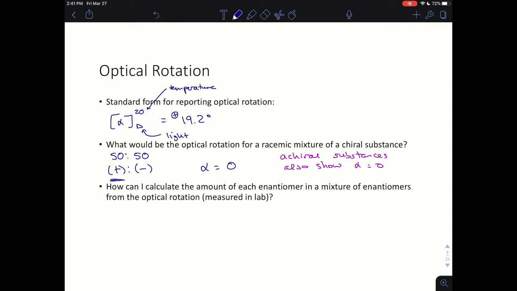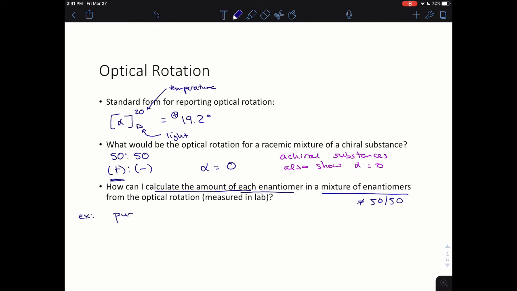Well, let me show you. So what you can do is you can measure optical rotations in lab, and you could actually calculate the amount of an enantiomer if you had some mixture of enantiomers that wasn't 50-50. Let's say it was enantio-enriched. It had more of one enantiomer than another. So let's take an example.